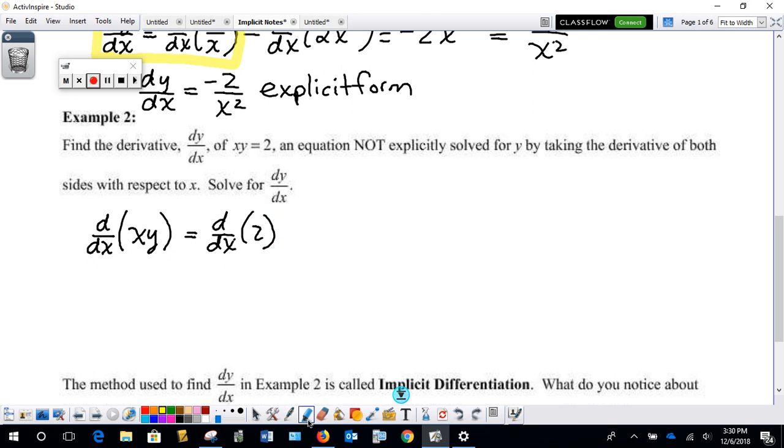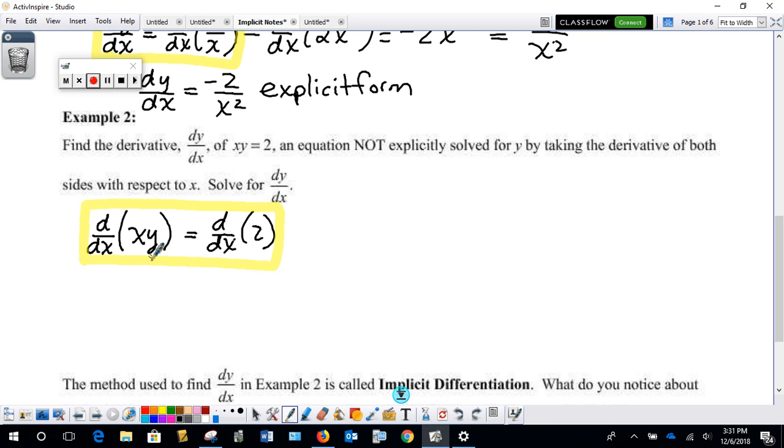And so this first thing that I have is exactly the same technique that I did above. Now, my problem is that because it's in implicit form, I'm not going to be able to treat this as a transitive and continue my equals going this way because I have things mixed in over here. Right? So I'm going to take the derivative.